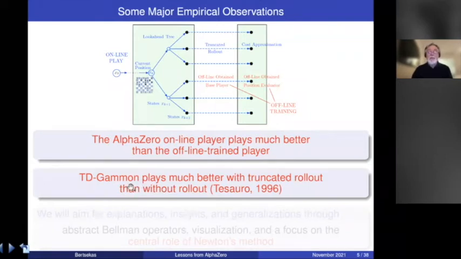TD-Gammon plays much better with this middle portion, the truncated rollout portion, than without the rollout portion. Tesauro had two programs in the 90s. The first one was in 1991, and it was based on this structure, but without the middle portion.